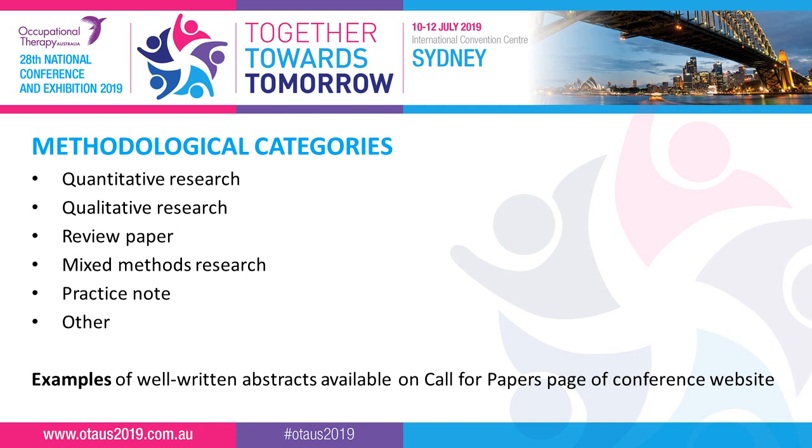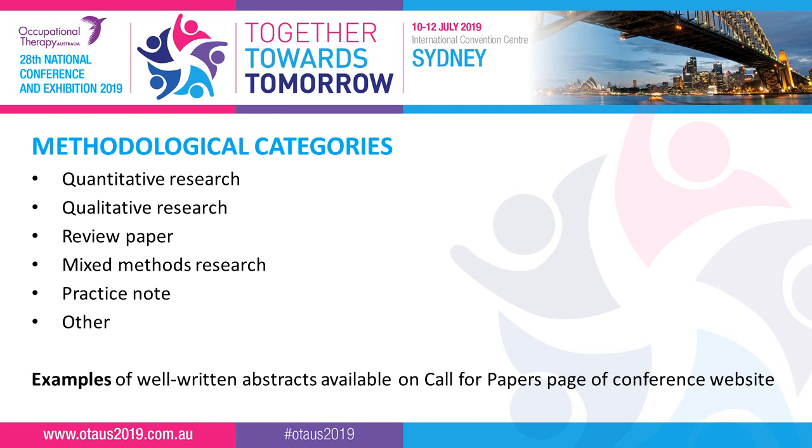In the next conference, we will require presenters to ensure that they really focus on what practitioners, what occupational therapists should do with this information, not be too focused on how this information was gathered. And more information will be provided to presenters who are accepted for an oral presentation of a paper in this category.